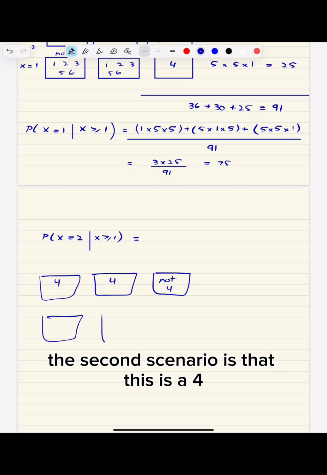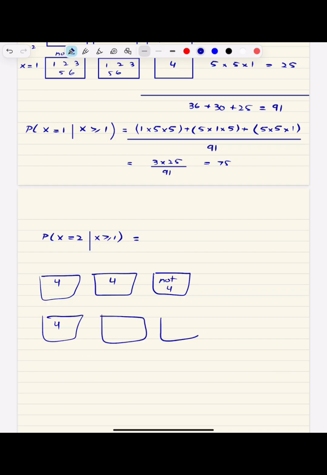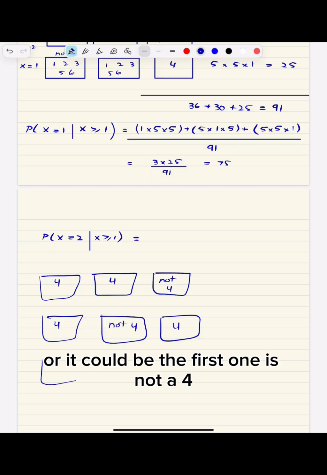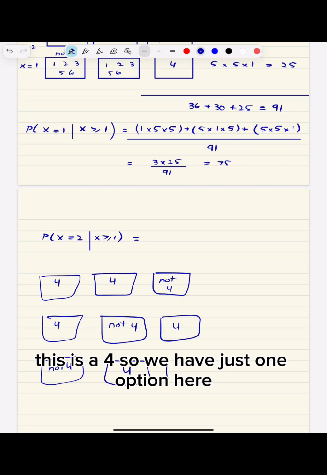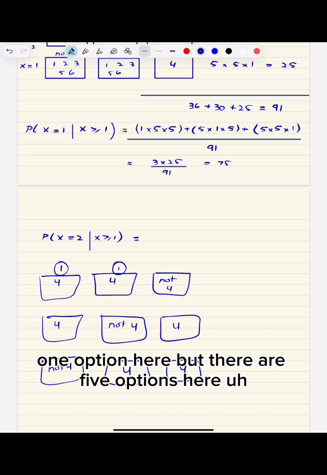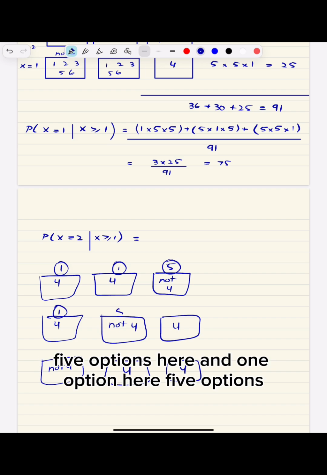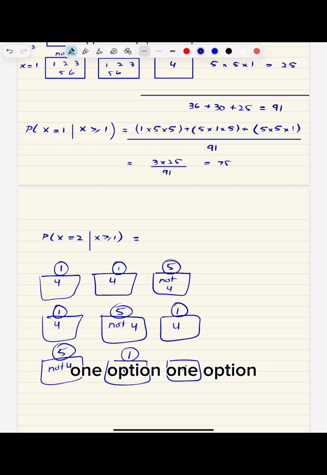The second scenario is that this is a 4, this is a 4, but this is not a 4. Or it could be the first one is not a 4, this is a 4, this is a 4. So we have just one option here, but there are 5 options here. And then we're just stuck with one option here, 5 options here, and one option here.